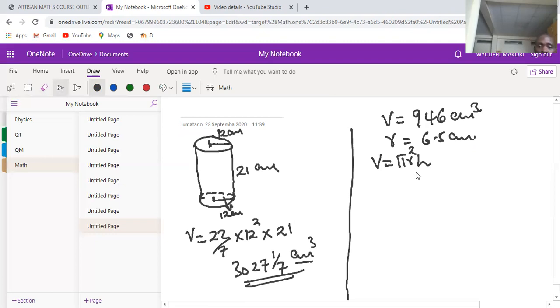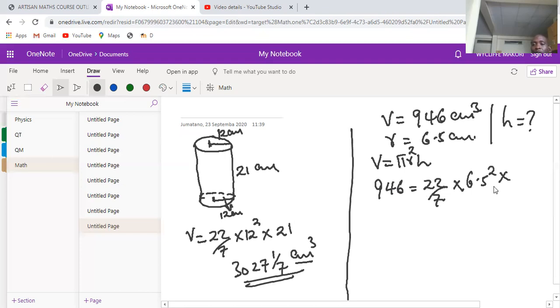You put the values that you have been given, and then you calculate what you have not been given. In this case, we are interested in determining the height because we don't know it. Therefore, put volume as 946, and say 946 should be equal to 22/7 times the radius, which is 6.5 squared, times h.